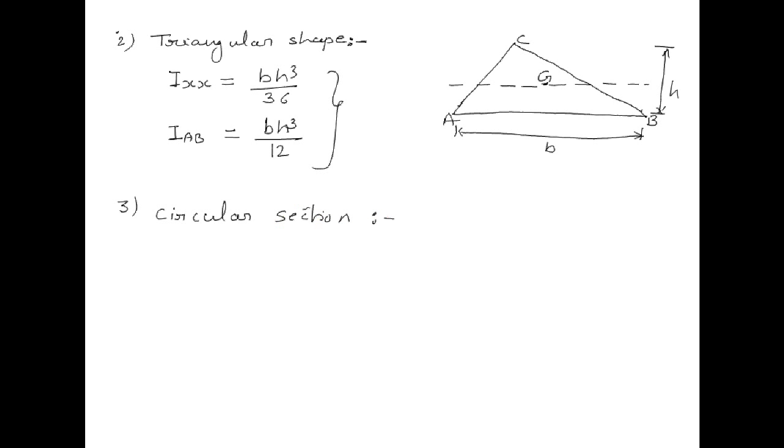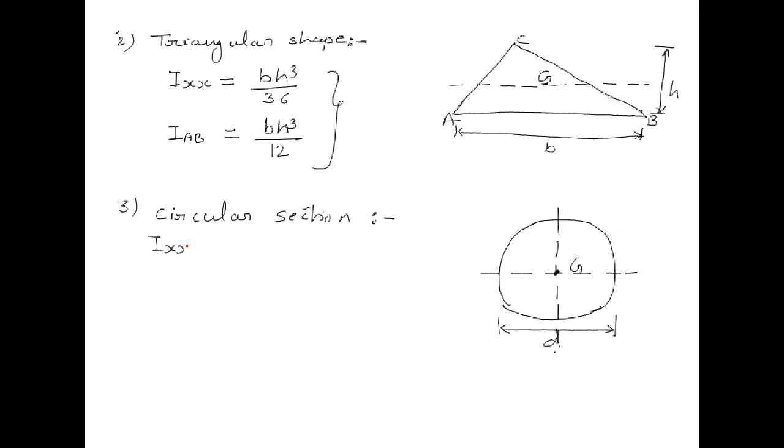Circular shape or circular section. So here I am taking a circle of diameter D. The diameter of the circle is D. G is the centroid of the circle, and I am considering axis XX and axis YY which are passing through the centroid G. If we want to find out the moment of inertia about axis XX and about axis YY, it will be pi by 64 d to the power 4.